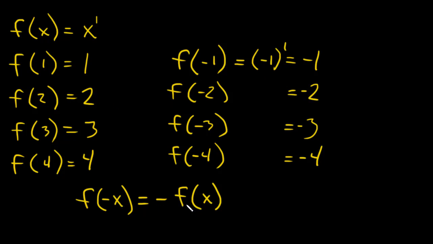And so forth and so on, this is the definition of an odd function. Okay, so if I plug the opposite sign in, I get the opposite of the original sign. That's it. That's what defines an odd function.